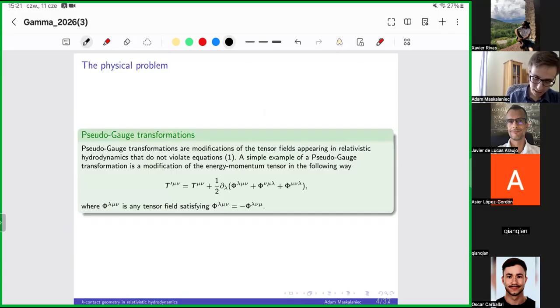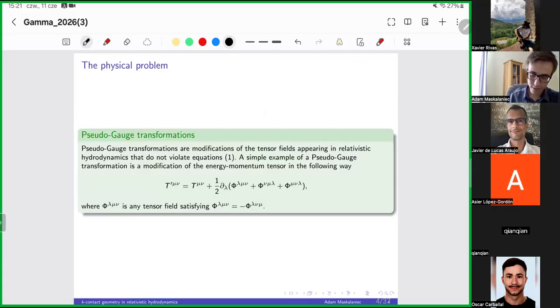Namely, we can add to this energy momentum tensor that satisfies our equation from the page number 1, something that resembles a full derivative, namely this derivative of this sum of antisymmetric tensors.